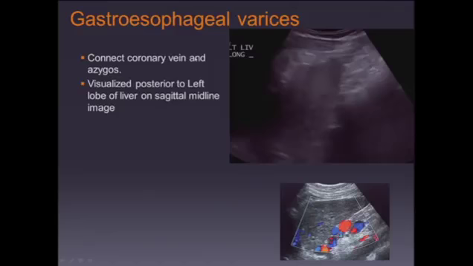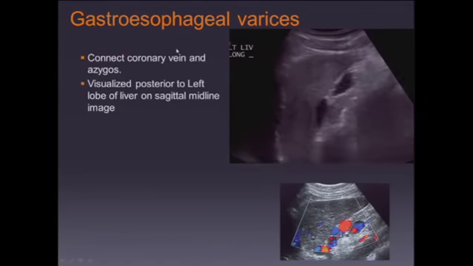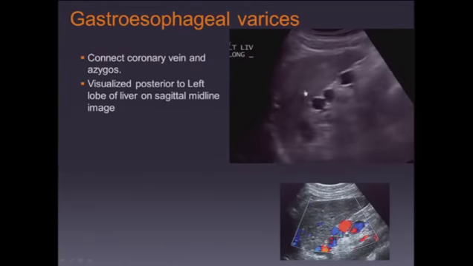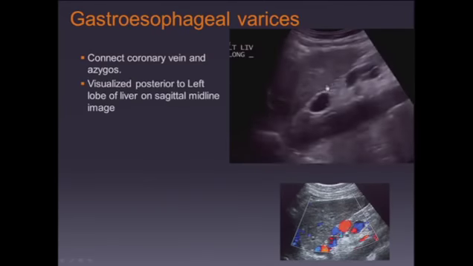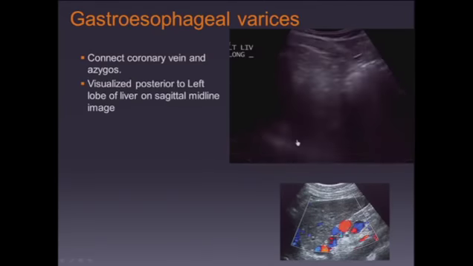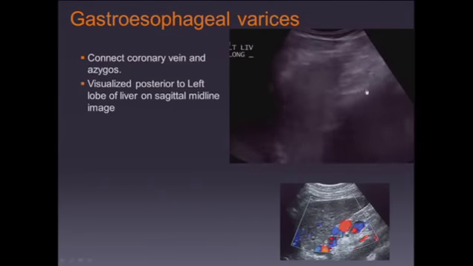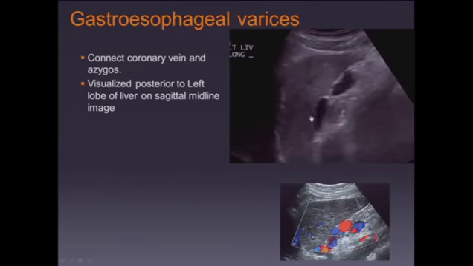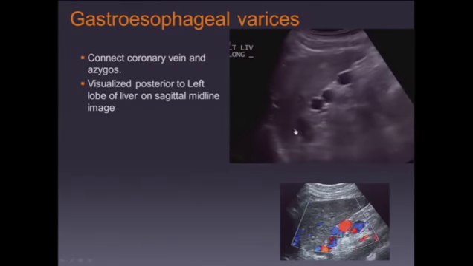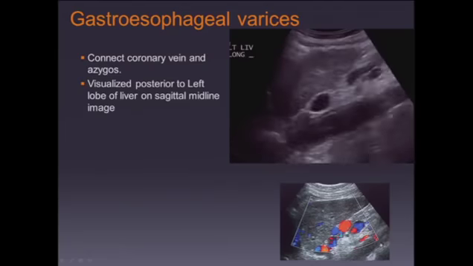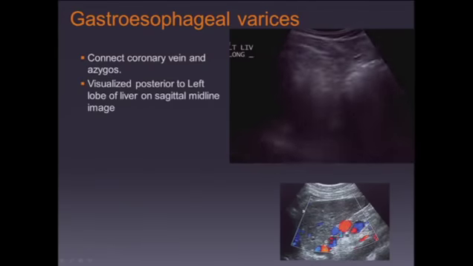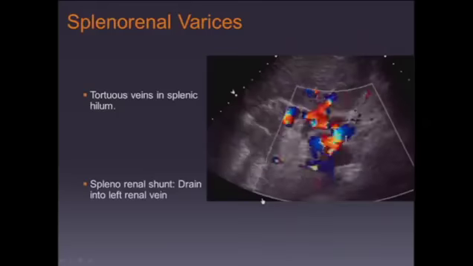Gastroesophageal varices connect the coronary vein and the azygous vein. On this sagittal clip here, through the left lobe of the liver, we see a cluster of vessels running anterior to the aorta and posterior to the left lobe of the liver. The esophageal hiatus is roughly at this point, and these vessels are large gastroesophageal varices as shown on this color Doppler image.